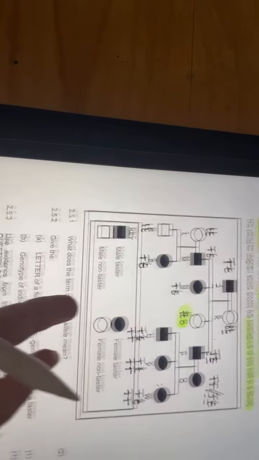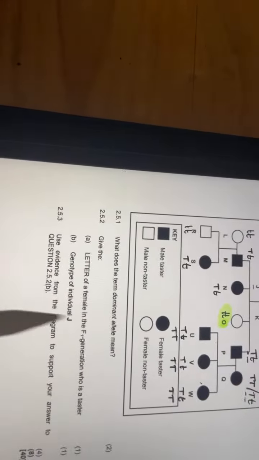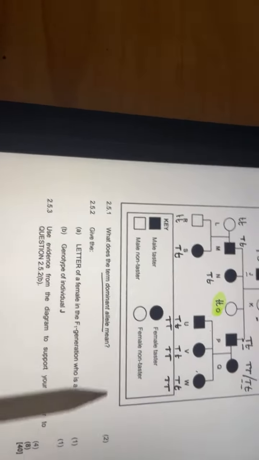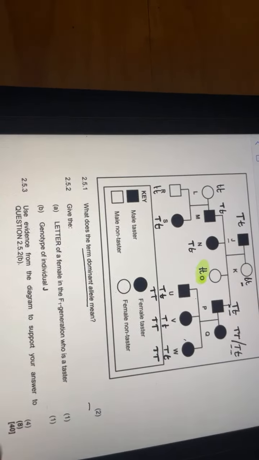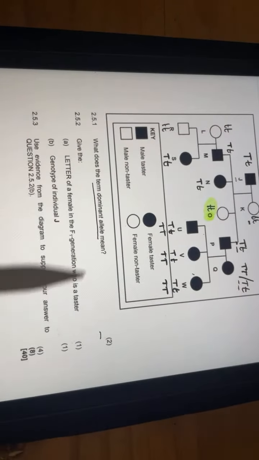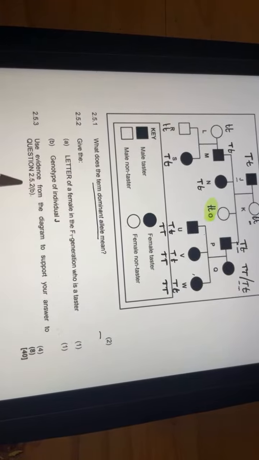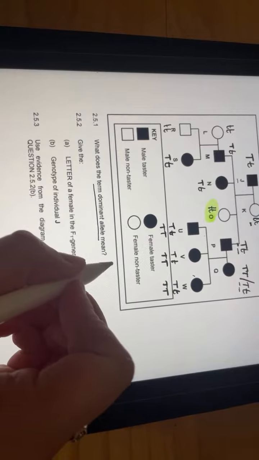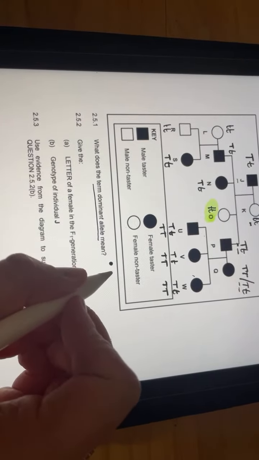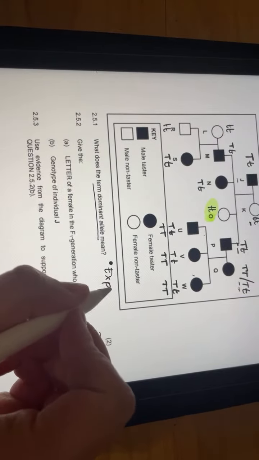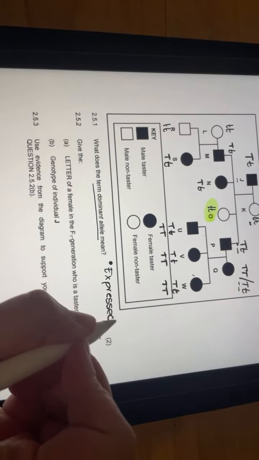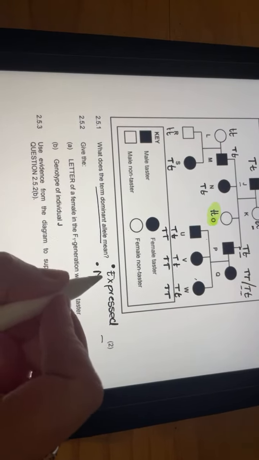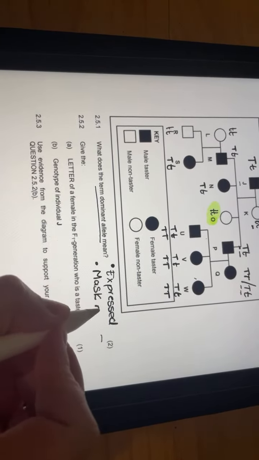So the first question asks us to tell them, what does the term dominant allele mean? And it is for 2 marks, so you're essentially explaining what that is. And so when we talk about a dominant allele, we are talking about 2 things. One, we are talking about an allele that is expressed in the phenotype. And it is expressed because it can mask the recessive.